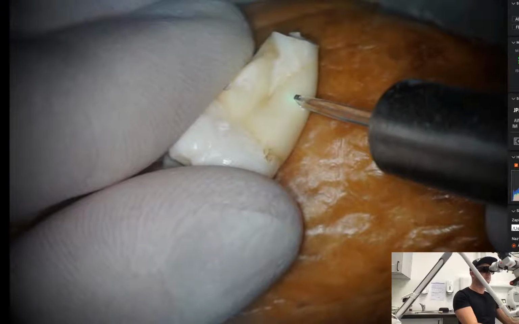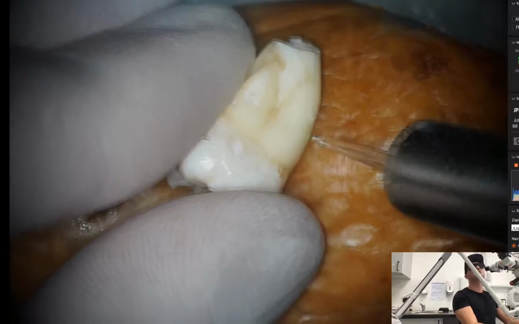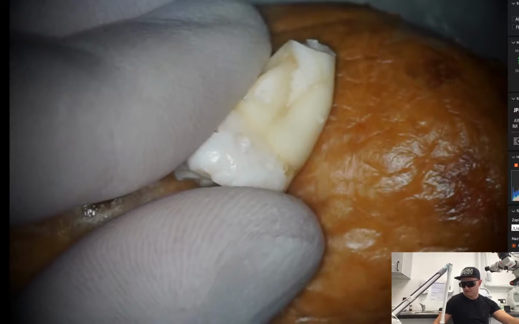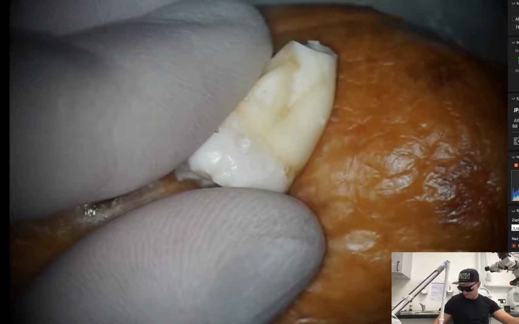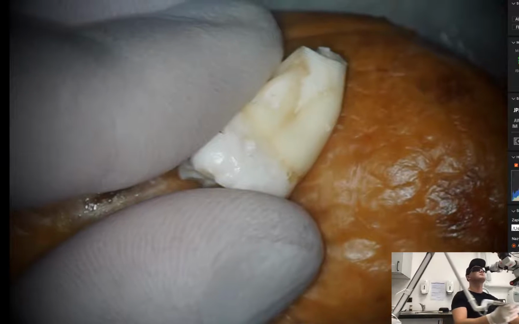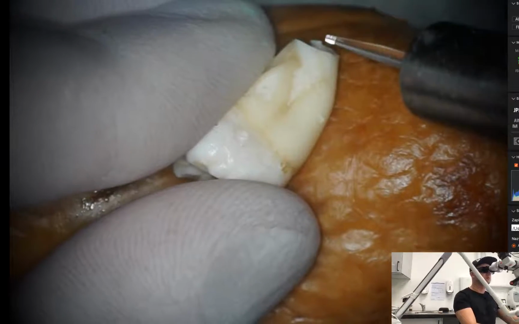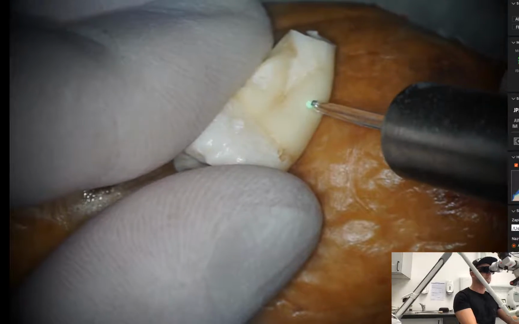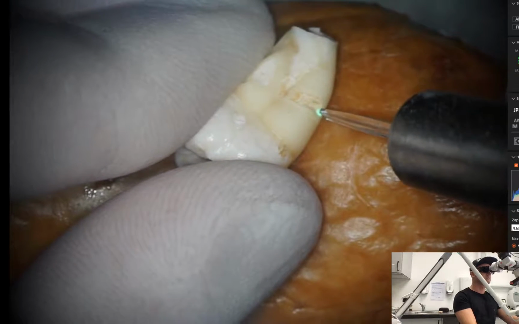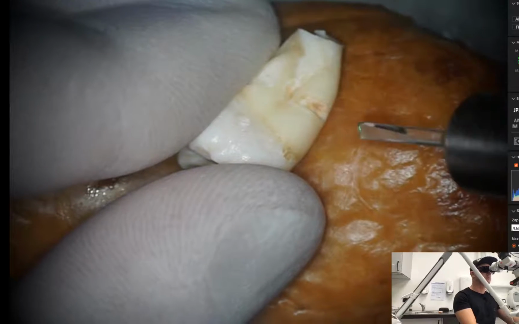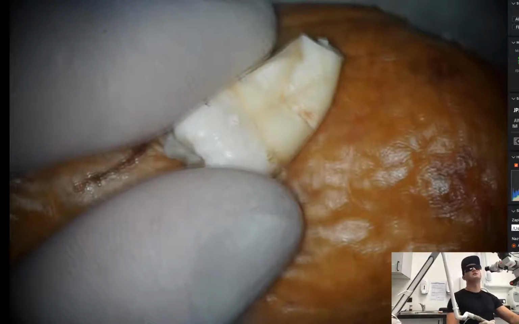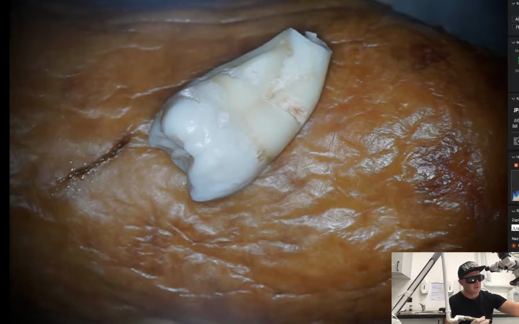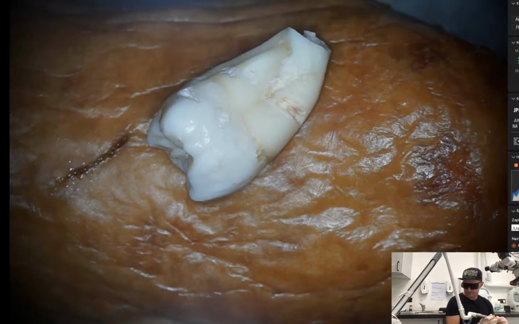As you can see, something happened. Our laser cuts our teeth. Let me just increase the frequency. As you can see, we are preparing the cavity inside the root.